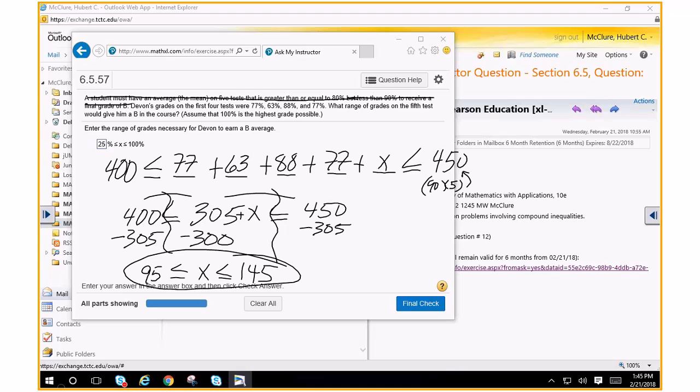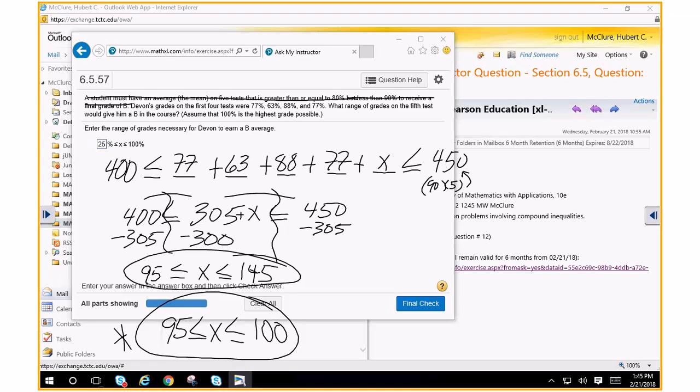What's the highest grade you can make on the test? That's wrong. What's the highest you make on the test? 100. So this technically is incomplete. So you go 95 less than X less than what? That's probably your answer, but I don't know.